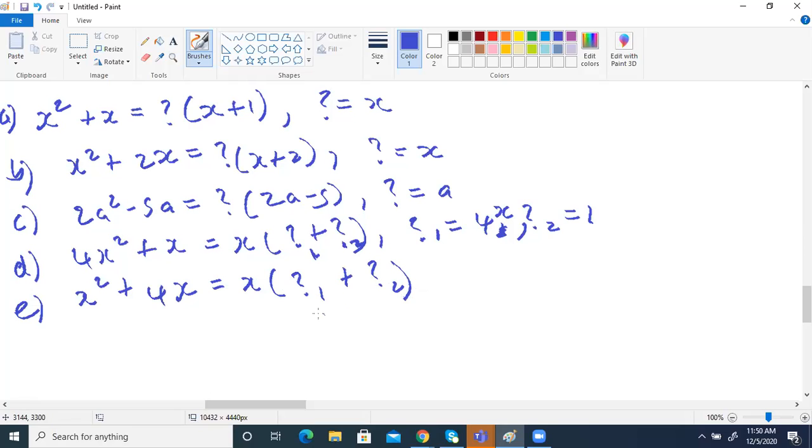So this is x plus x plus 4. The first question sign is x. The second question sign is 4. All right. Everybody agree so far? Yes, sir. Good.